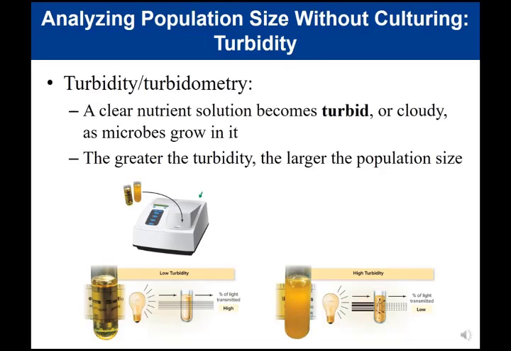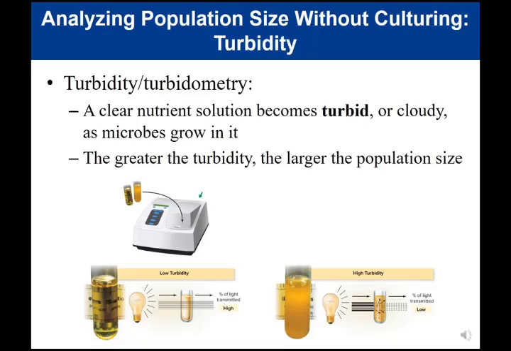When we look at our spectrophotometer, we can have those numbers represented in transmittance, meaning the higher the transmittance, the lower the population of bacteria, or the lower the absorbance, the lower the amount of bacteria, because there's nothing absorbing the light. On the flip side, if we have high turbidity and the light hits the bacteria, it's going to scatter, and you're going to get a low amount of light transmitted.